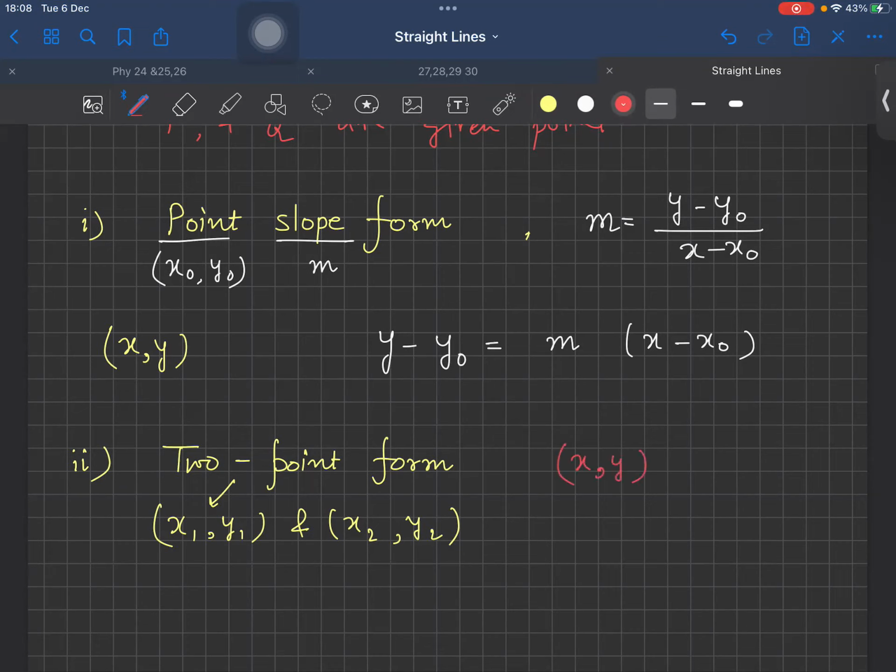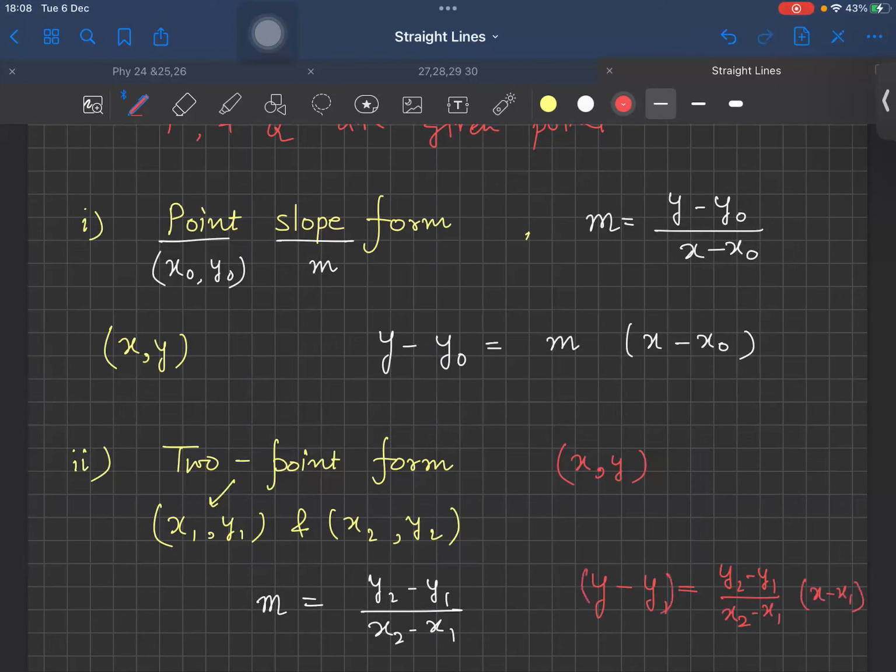If these two are given, you can find the slope, m is equal to y2 minus y1 upon x2 minus x1. Since you have the slope, you can write the equation of line as y minus y1 is equal to y2 minus y1 upon x2 minus x1 into x minus x1.